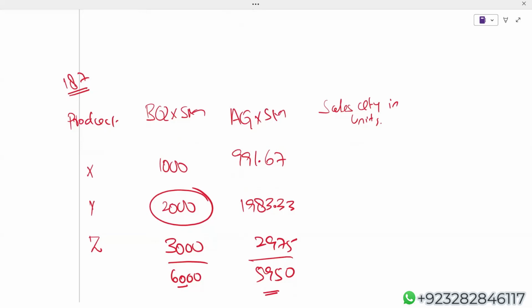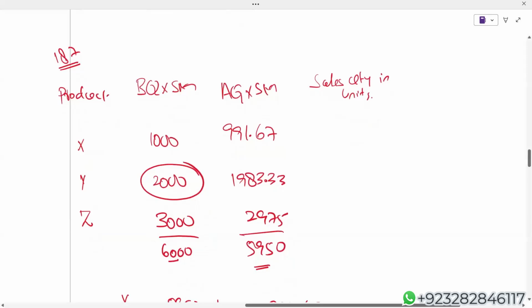The ratio in both the columns is the same. The difference is in the volume. So if your actual quantity is less than budgeted, all the variances individually will be adverse. If your actual volume is more than the budgeted, then each variance will be favorable.